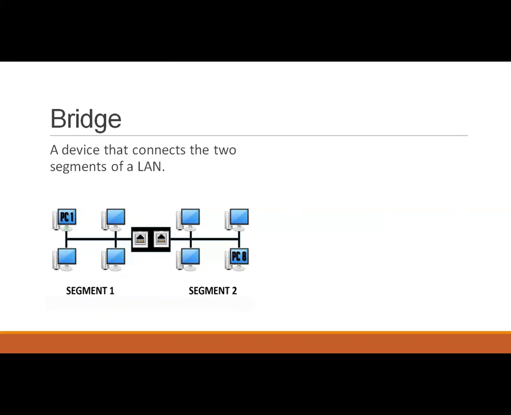So a bridge is actually connecting two segments of a LAN, two local area networks that are wired with the same technology. They can be joined together with the help of a bridge.